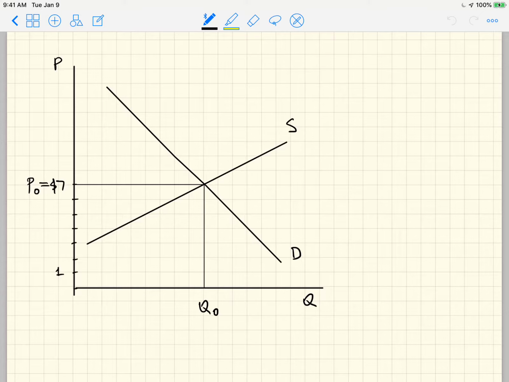So let's say there is a tax of $3 per unit, and it's imposed on sellers. Okay, so the first thing to do to figure out what's going on is to shift one of the curves.